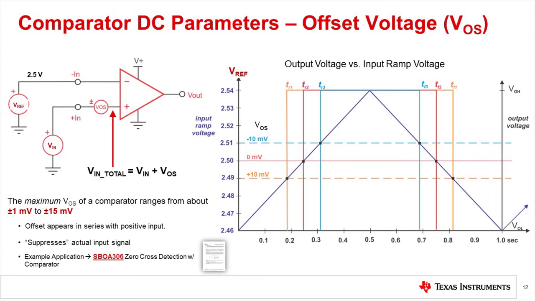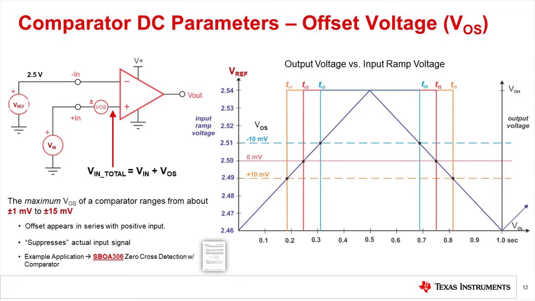And so, for example, when VOS is plus 10 millivolts, the output waveform is high for approximately 600 milliseconds. And when VOS is negative 10 millivolts, your output is high for less than about 400 milliseconds. So it's much shorter.